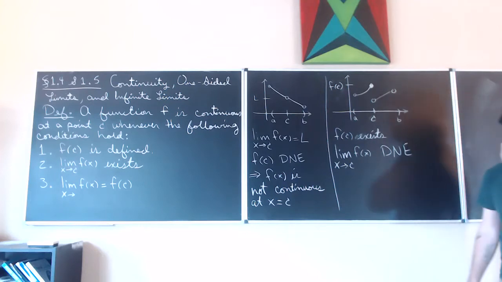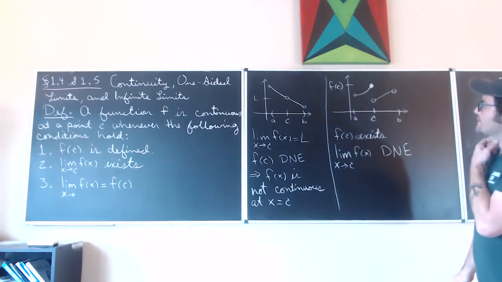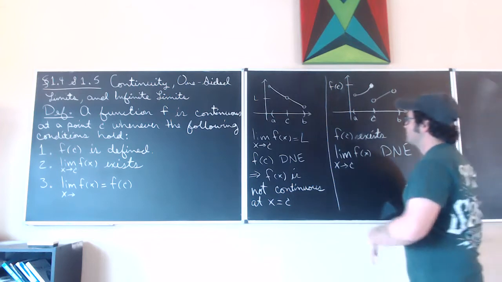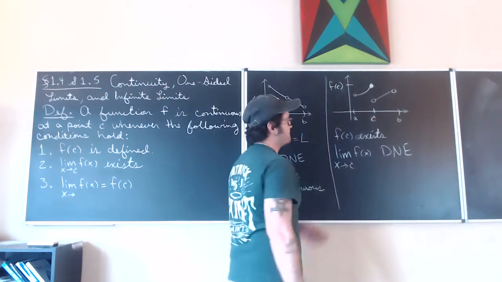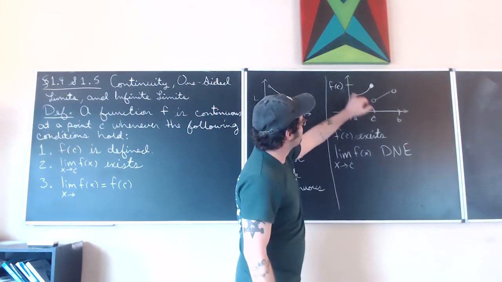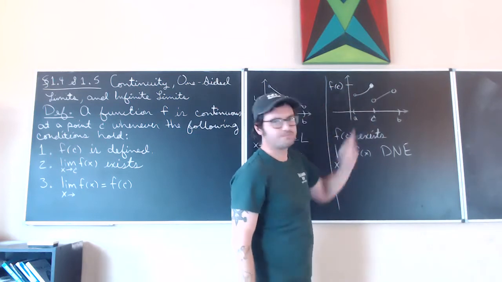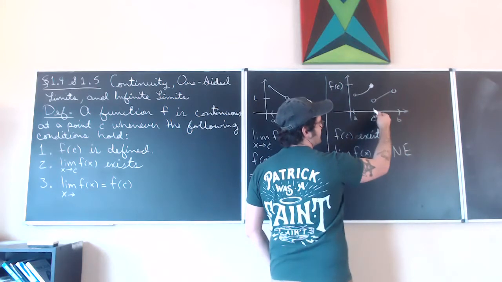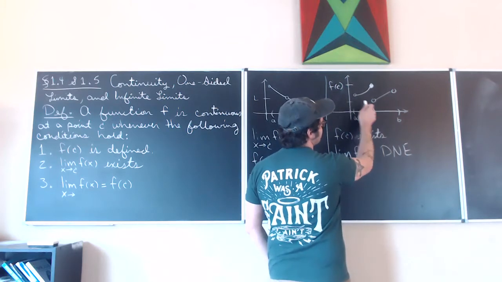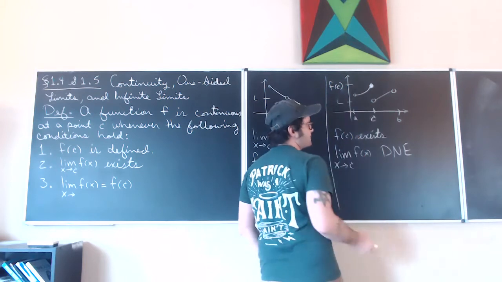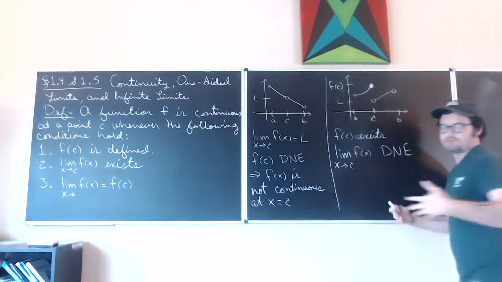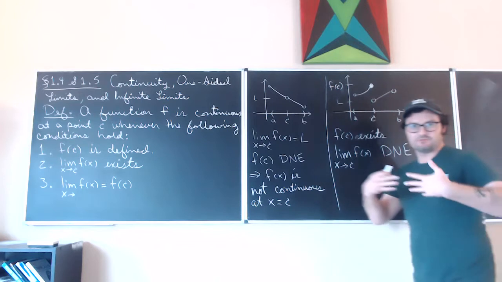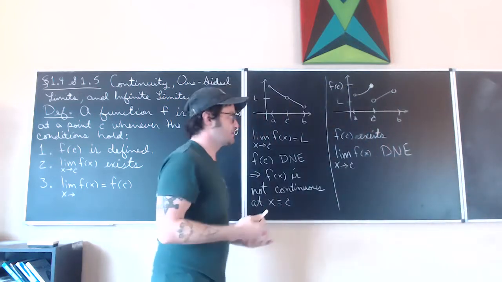Now, why does it not exist? Well, if we look at the limit approaching C from the left-hand side, it approaches f of C. But if we look at the limit from the right-hand side, as x approaches C, it's going to be whatever value that is right there. Since these values don't match up, the limit's not going to exist.